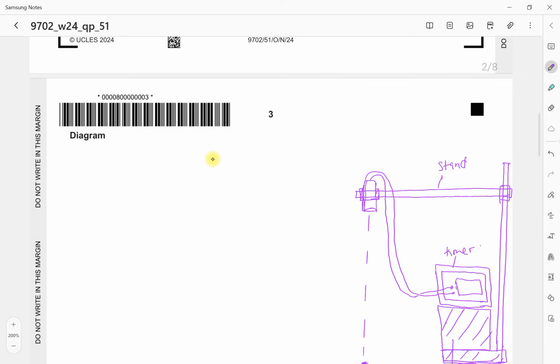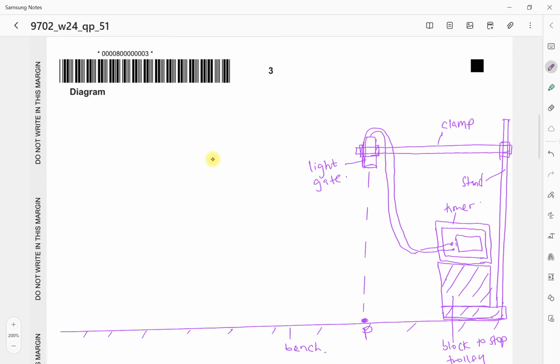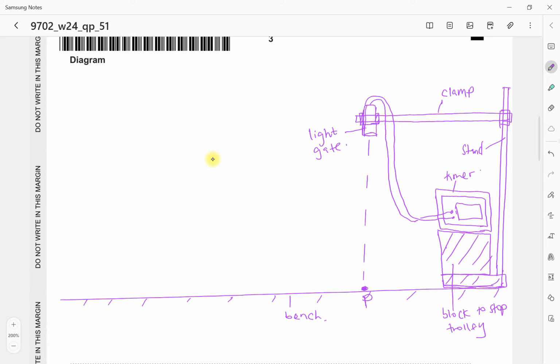Sorry, that is the clamp, not the stand. And this is the light gate. Okay, so I think I'm done with that side. Now this side I have to draw the trolley.